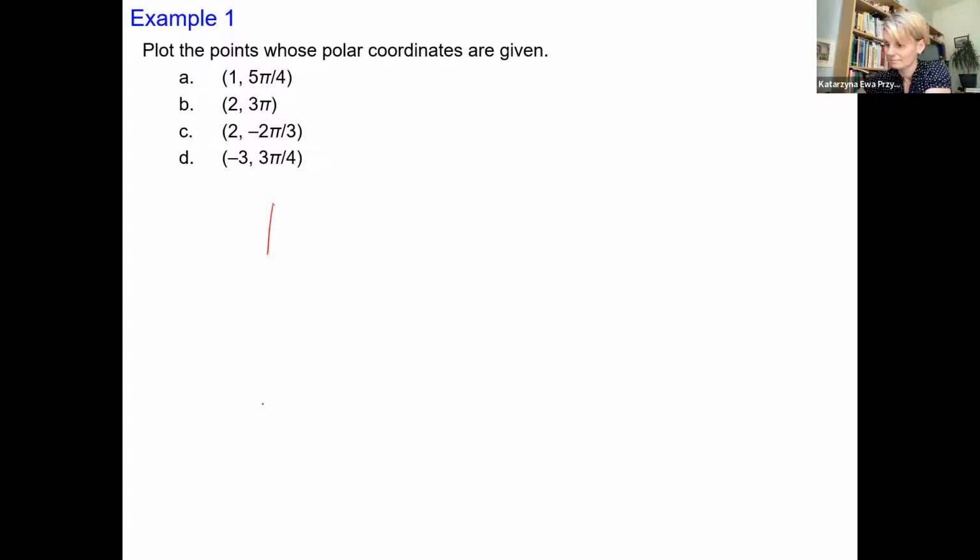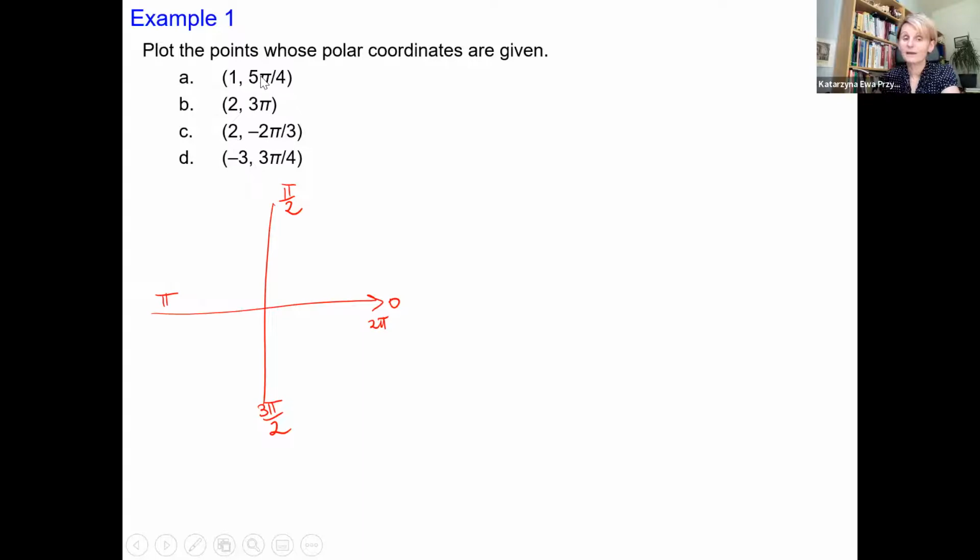Okay, A. You see, I'm drawing X, Y, but that's how you will probably see the polar 2 pi. Okay, that means 1, 5 pi over 4.